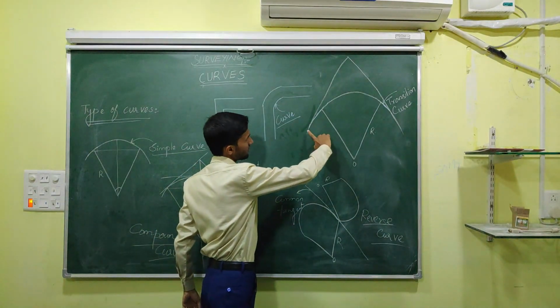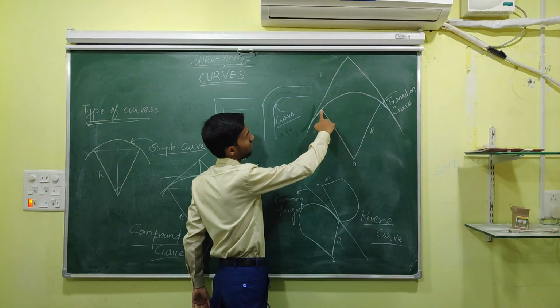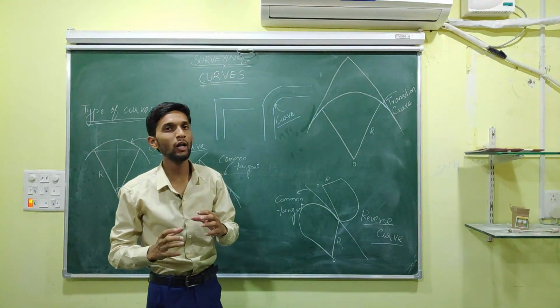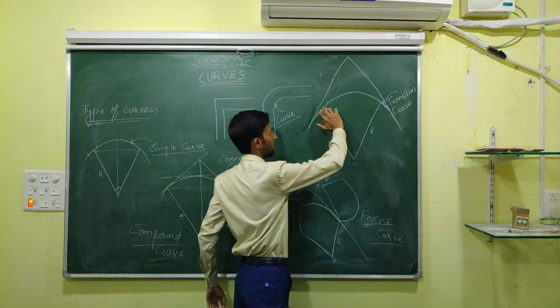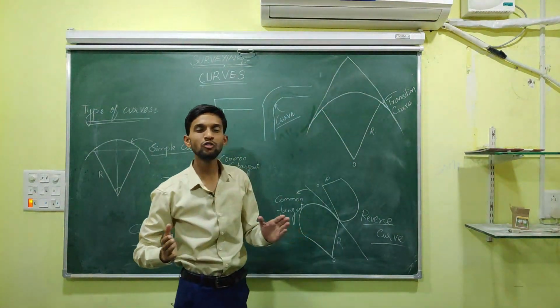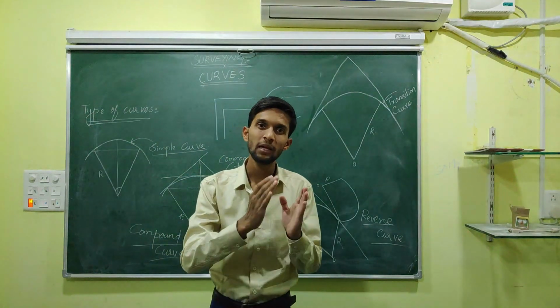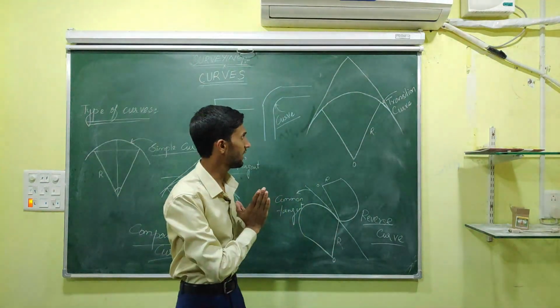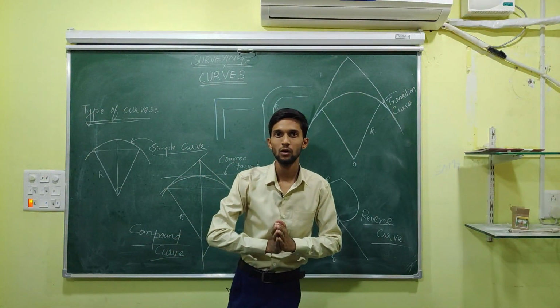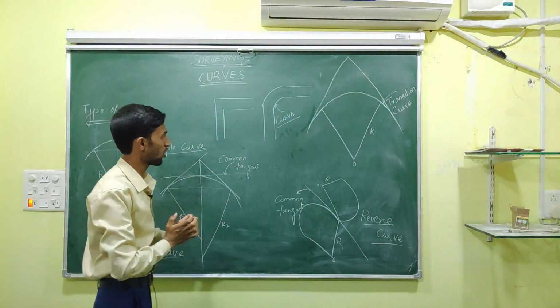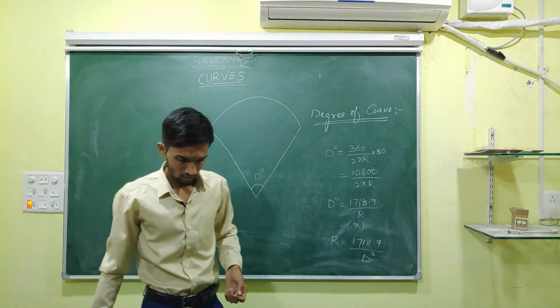That value is reduced to the finite value, that is, the known value of radius of a simple curve. That portion of a curve is called a transition curve. These are the types of curves.